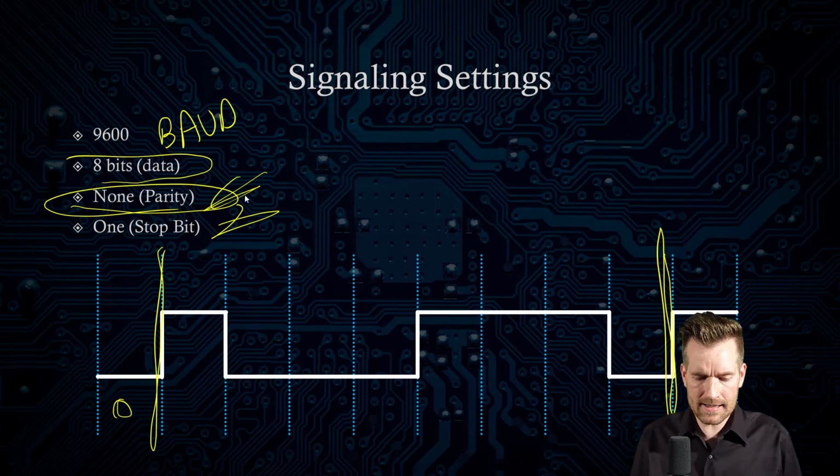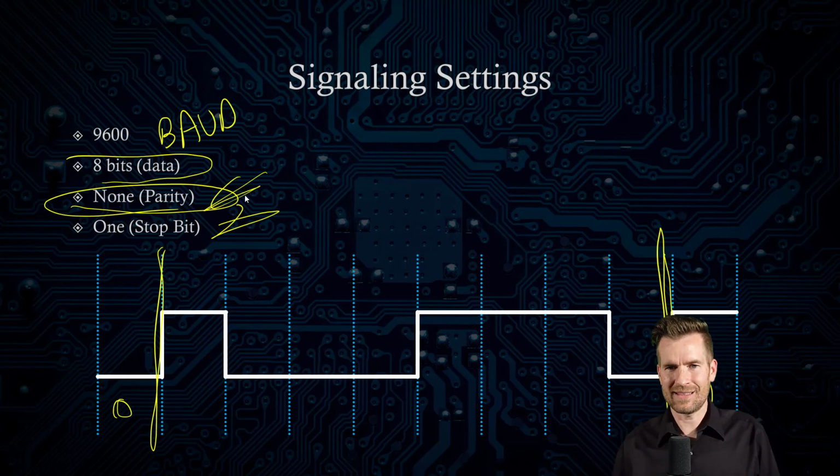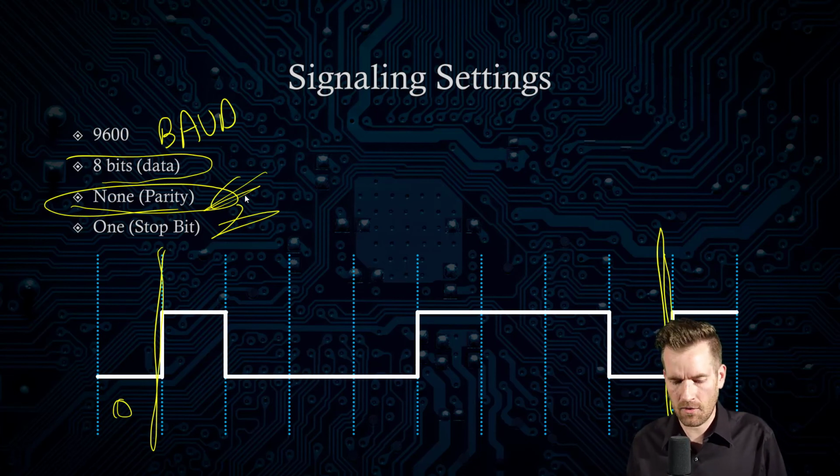So 9600, 8, none, 1. That's what we use to connect to a lot of these devices nowadays. You'll get familiar with this if you're using the console cable a lot. Nowadays, a lot of our terminal emulation software is actually set to this by default, so it may not be that we really see it much at all in our software emulation.